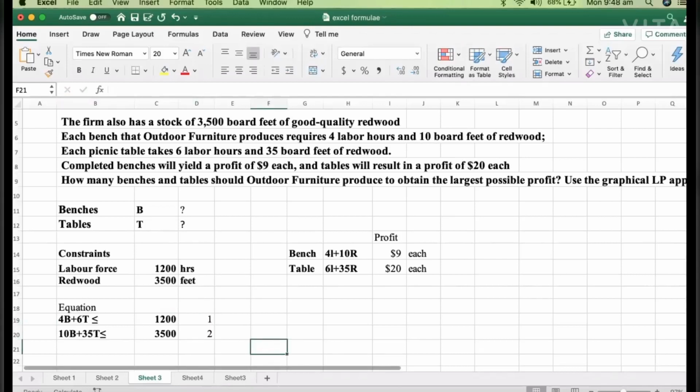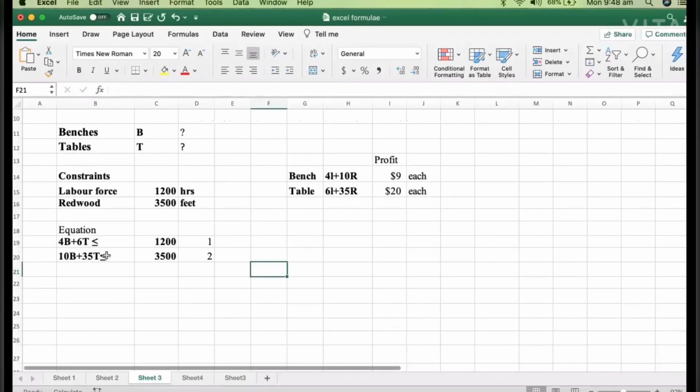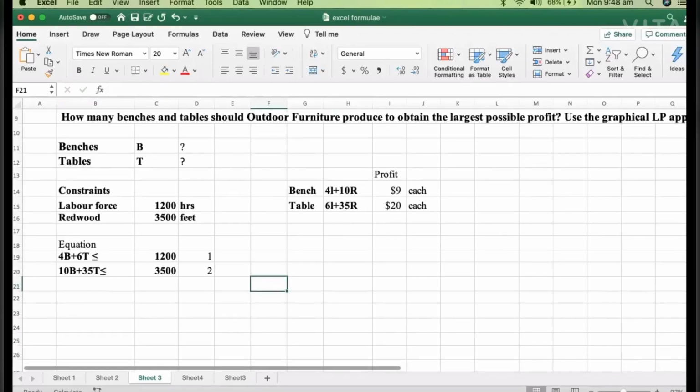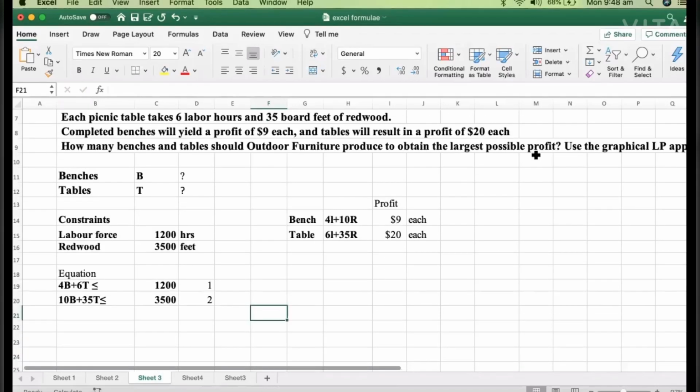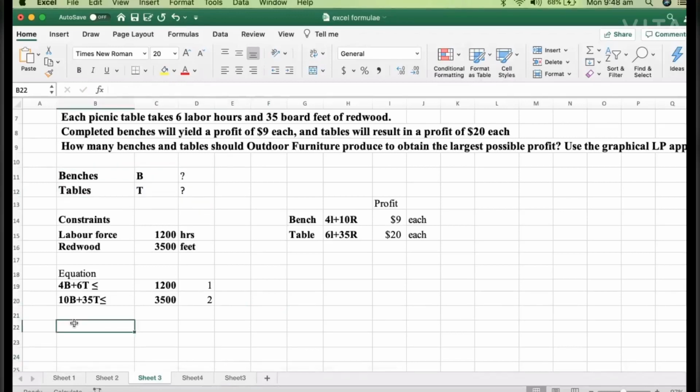The next thing, in linear programming, we have to set two more equations for these two variables. The benches and tables, as you know very well, can be either 0 or positive. They can't be negative. So for that purpose, we put a constraint on that as well.